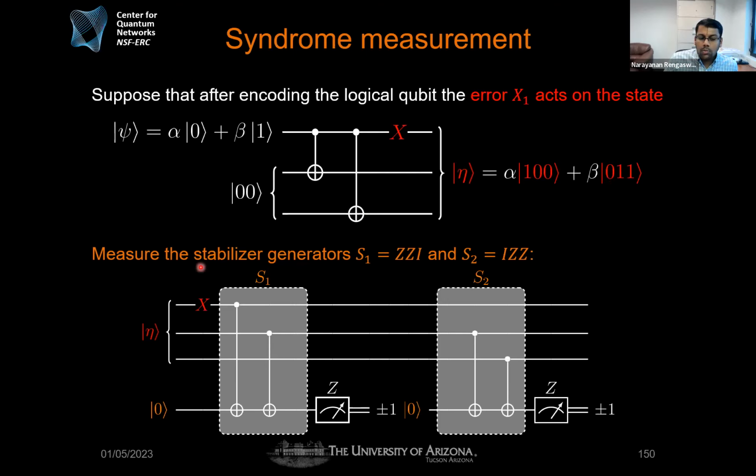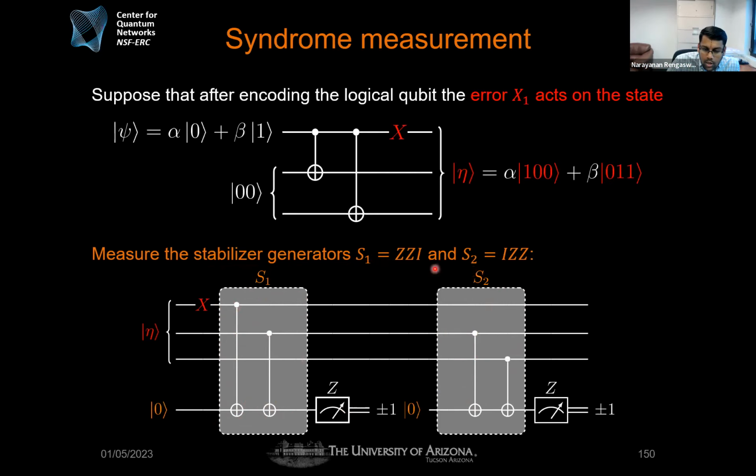Now what you do is you measure the stabilizer generators ZZI and IZZ. And here I've shown the measurement circuits in sequence. Previously we had the linear algebra description of measurements where we took the observables, we diagonalized them, and so on. But here I'm just directly showing you the circuit. Once you have the circuit, you basically initialize an ancillary qubit in the 0 state.